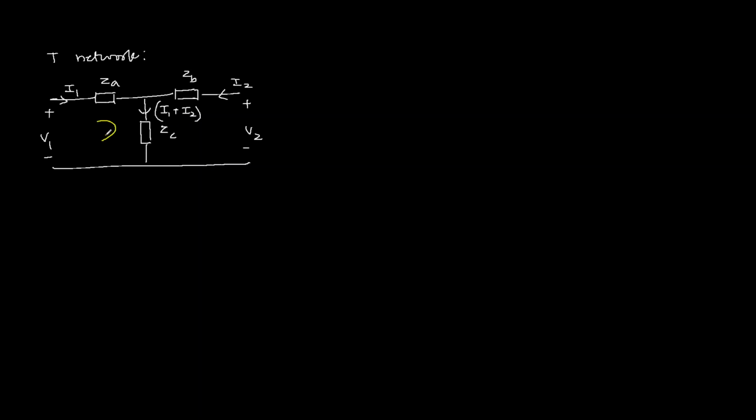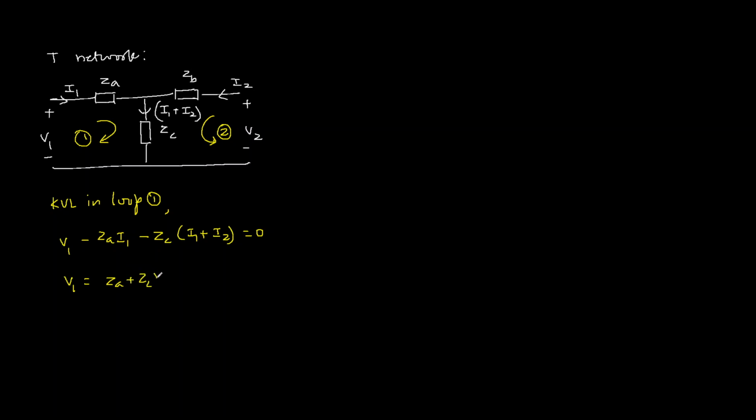Now we can apply KVL in loop 1 and loop 2. KVL in loop 1: rise in voltage V1, then drop ZA I1, and then drop ZC (I1 plus I2). We can rewrite this equation as V1 equals (ZA plus ZC) I1 plus ZC I2.